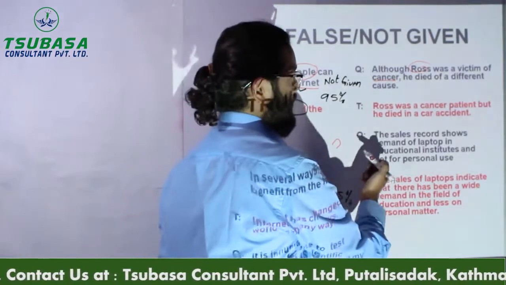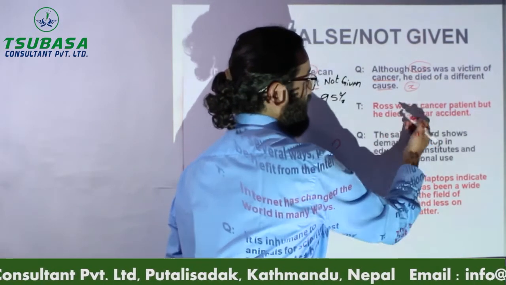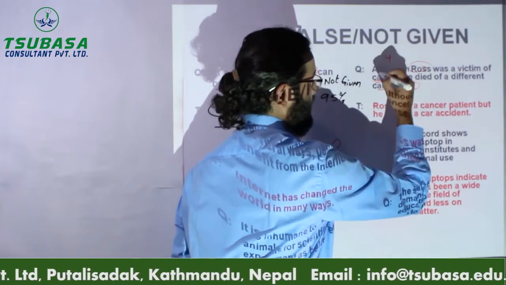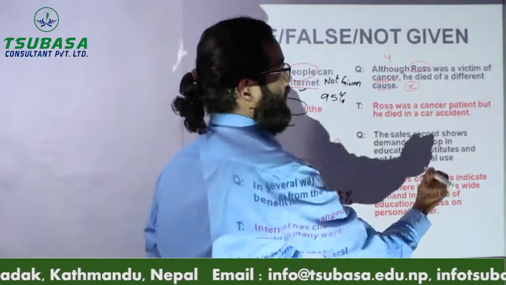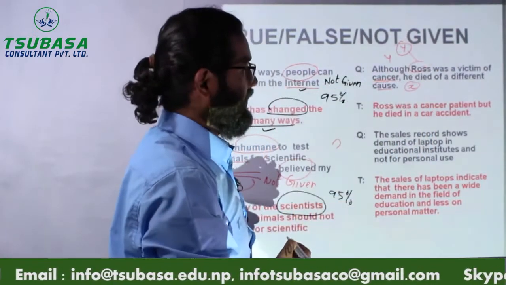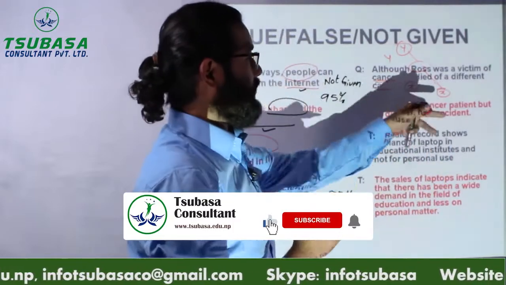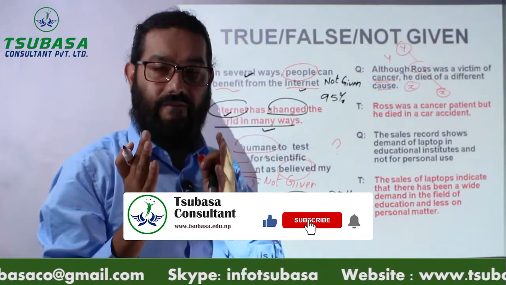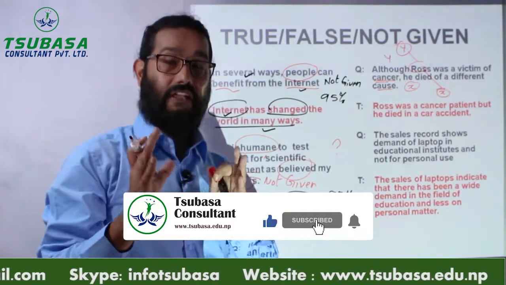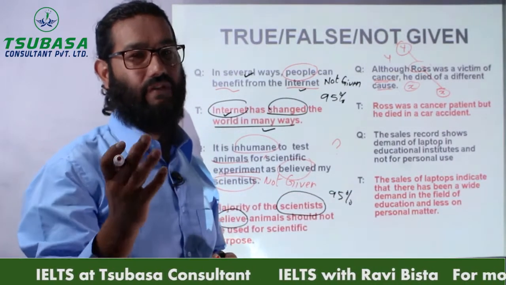Let's say the cause is X and cancer is Y. Ross is a Y patient, which means he's a cancer patient, but he died of X. So this X could be any cause. So let us first find in the text how Ross died.